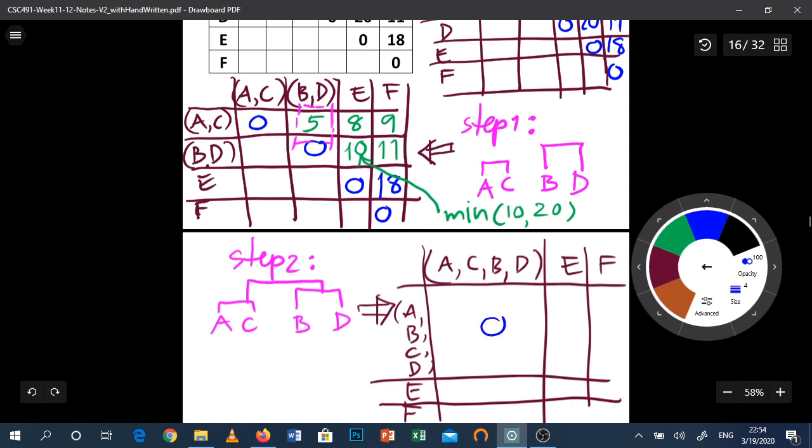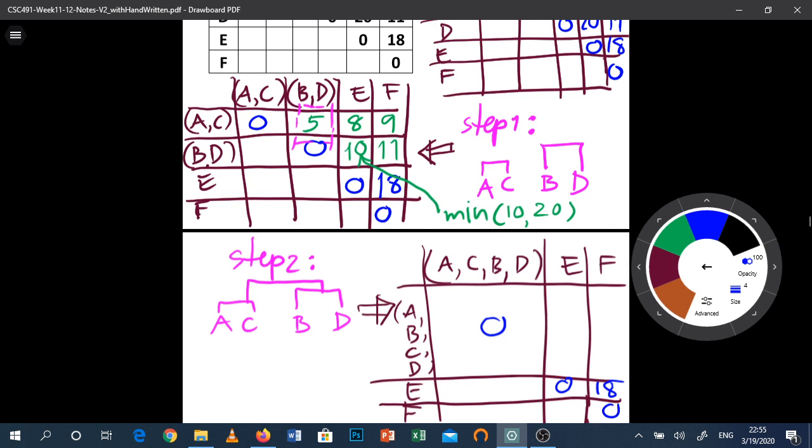Okay, diagonal 0. And E and F haven't touched any new chain, so the value of the existing 18 can be copied down, but we have to update the 2 on the upper right.